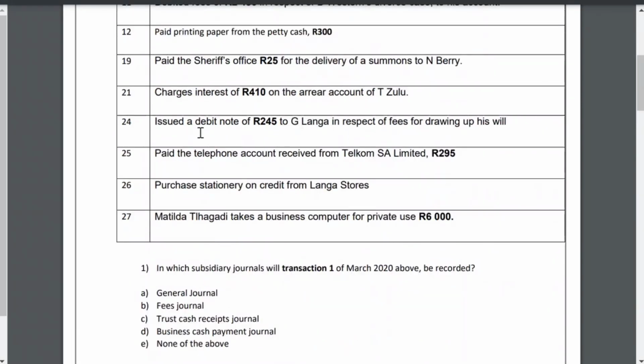And then transaction 24: issued a debit note of 245 to G. Langa in respect of fees for drawing up his will. So Matilda Attorneys invoiced G. Langa for drawing up his will.